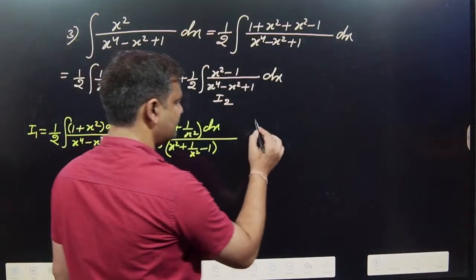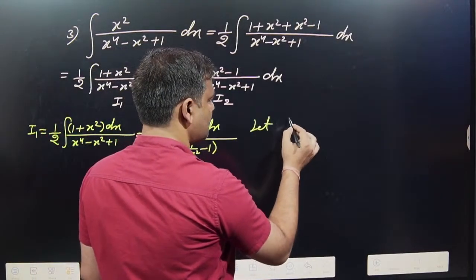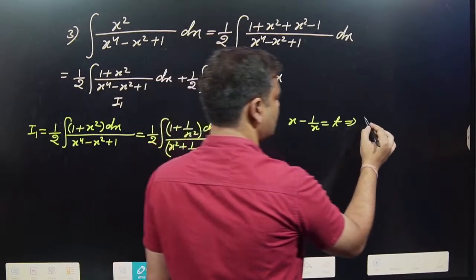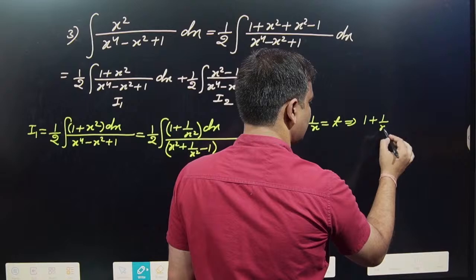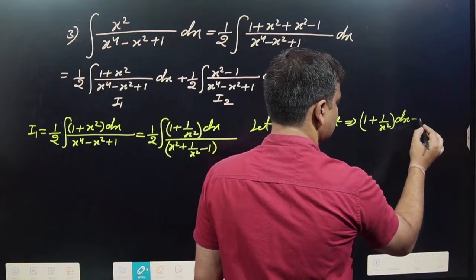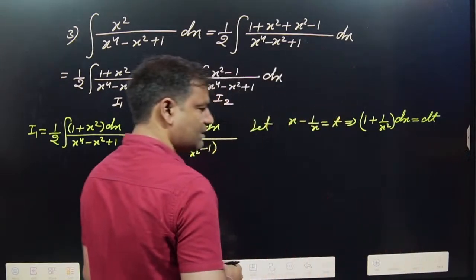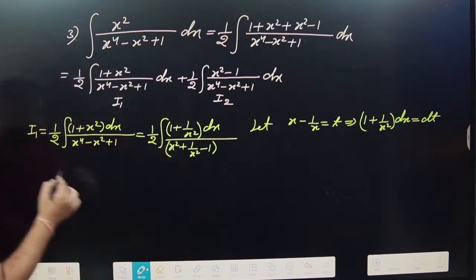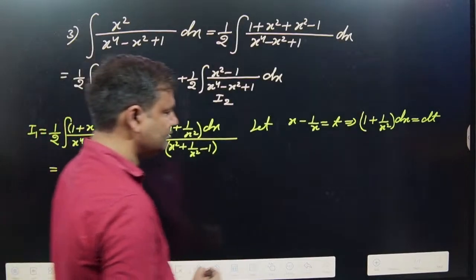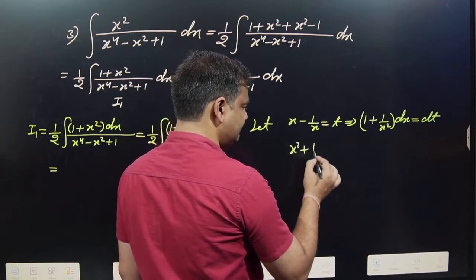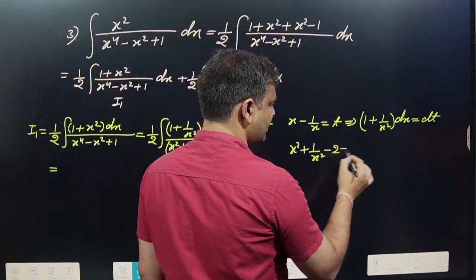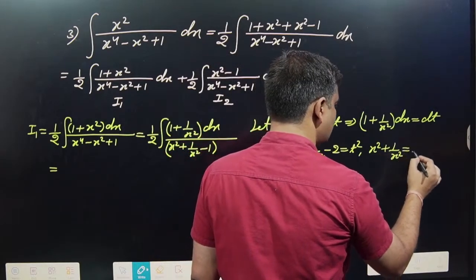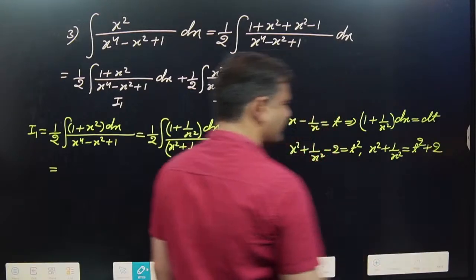Let x minus 1 upon x be t, so 1 plus 1 upon x square dx is dt. This is replaced by dt. Also squaring both sides, this is equal to t square, so x square plus 1 upon x square is equal to t square plus 2.